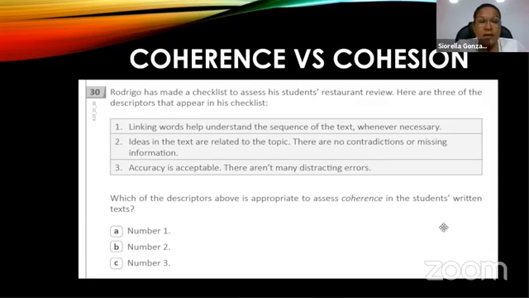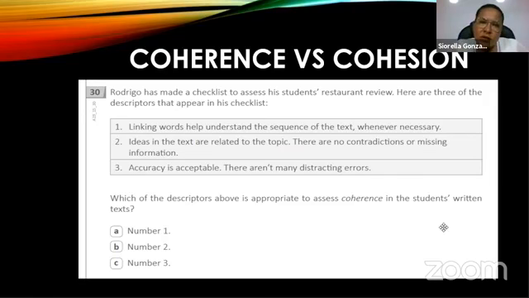1, linking words help understand the sequence of the text whenever necessary. 2, ideas in the text are related to the topic. There are no contradictions or missing information. 3, accuracy is acceptable. There aren't many distracting errors. Listen to the question.